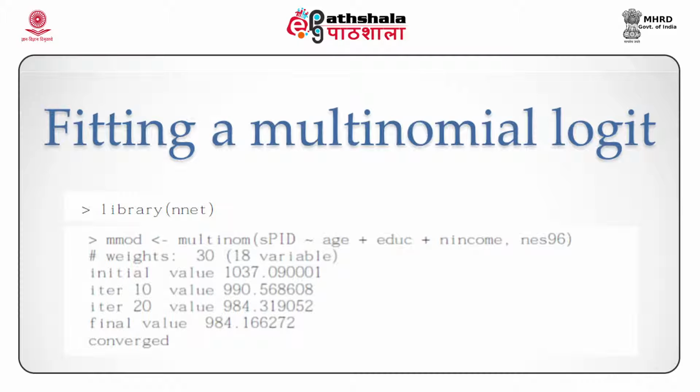We have stored this here in the R object mmod. You can see here that the model has converged, and it has required a rather large 20 iterations as compared to the standard 5 or 6 iterations which are typically used to fit GLM to binary or count data.